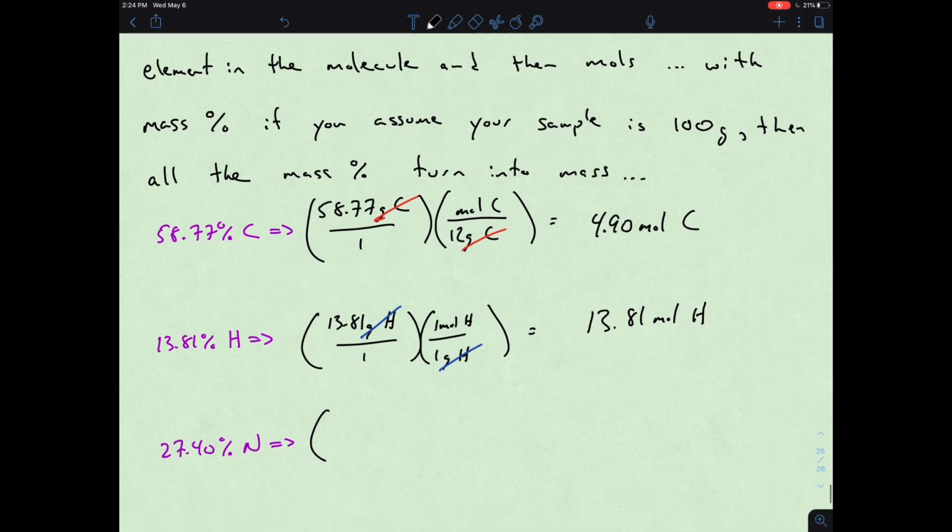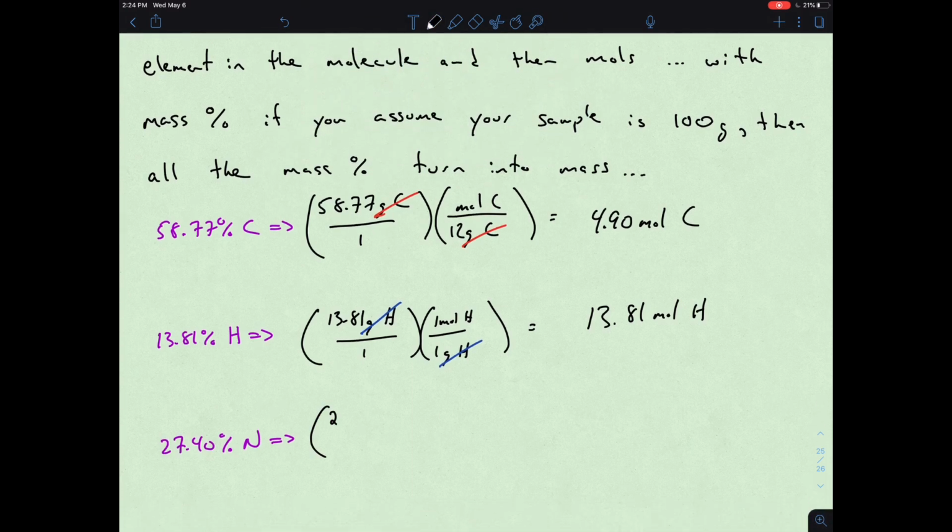And then with the nitrogen, we have our 27.4 grams, dividing by the 14 grams per mole of that monoatomic nitrogen to give us 1.96 moles of the nitrogen.